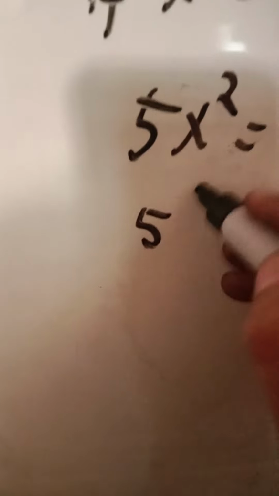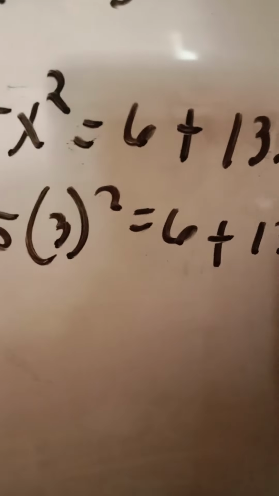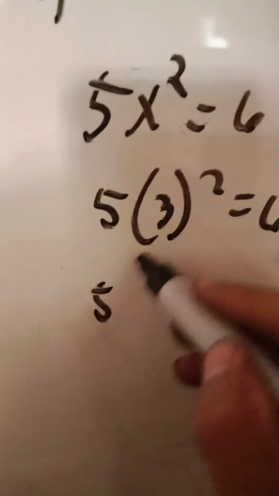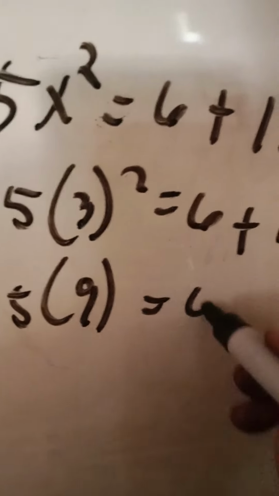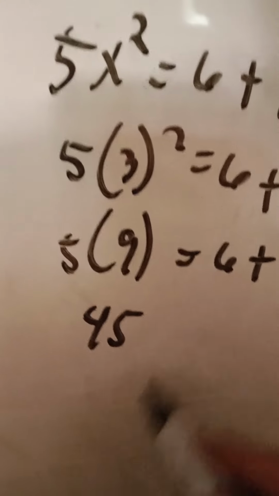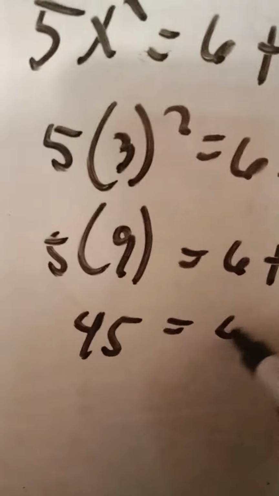How about if x is equal to 3? 5x squared is equal to 6 plus 13x. So 5 times 3 squared is equal to 6 plus 13 times 3. So 5 times 9 is equal to 6 plus 39, so 45 equals 45.